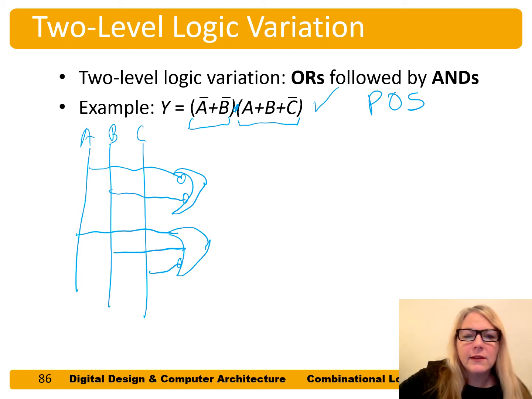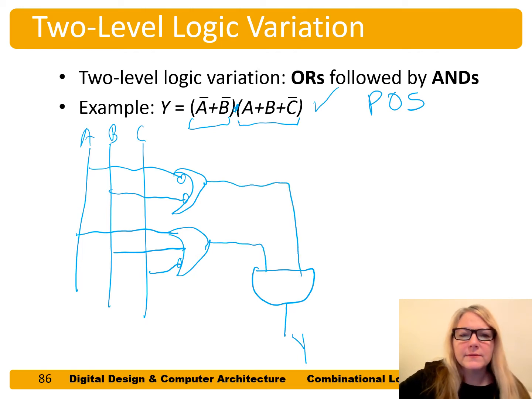And then we get an AND gate, the second level, and grab those OR terms. And so now we have OR gates followed by AND gates.